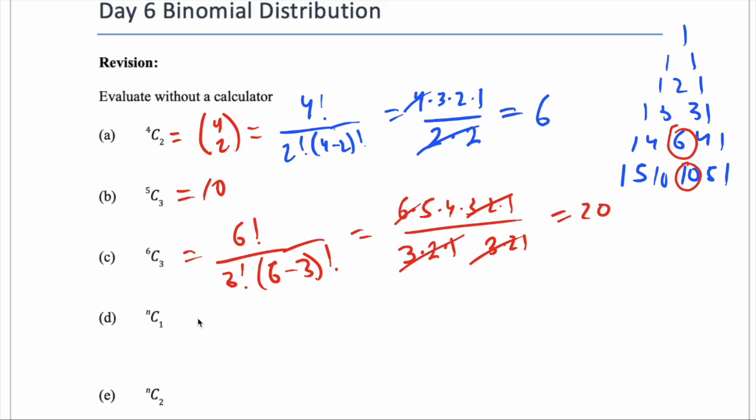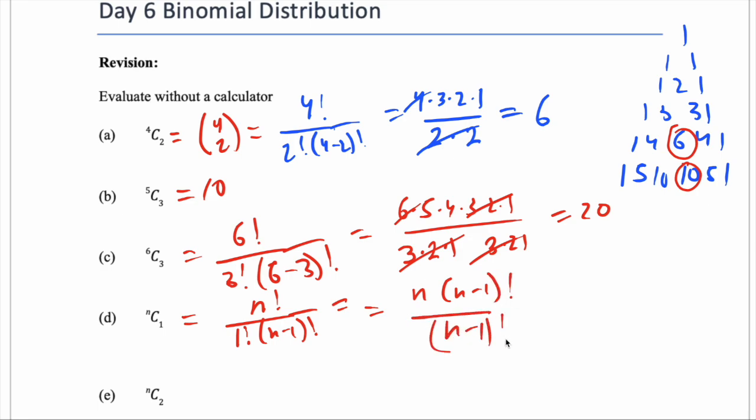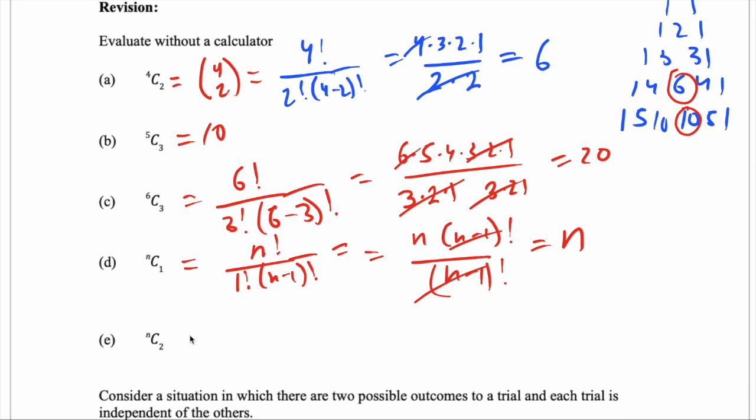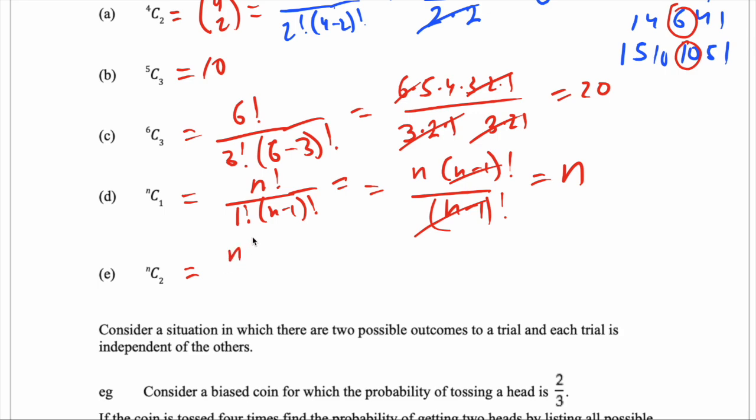Now n choose 1, well, that's n factorial over 1 factorial times (n minus 1) factorial. But n factorial divided by (n minus 1) factorial, well, the (n minus 1) factorials cancel. It's just n. N choose 2, similarly. This comes up a lot.